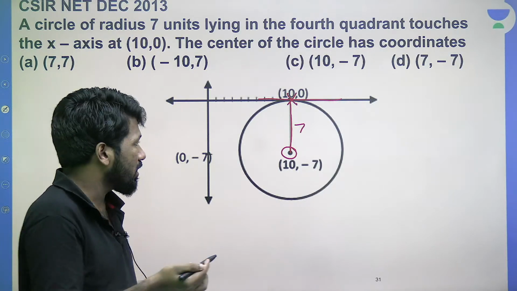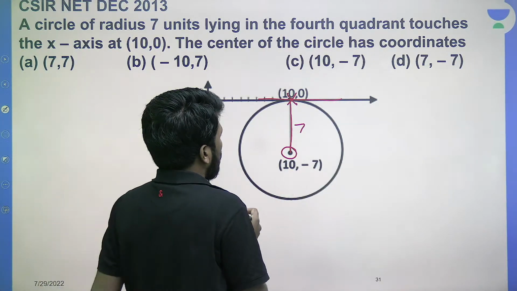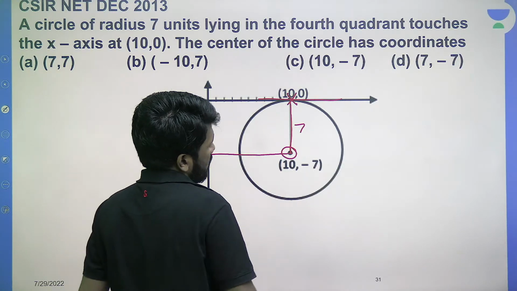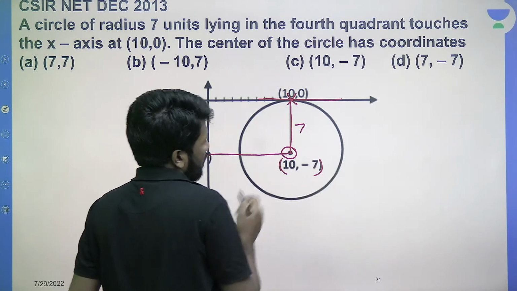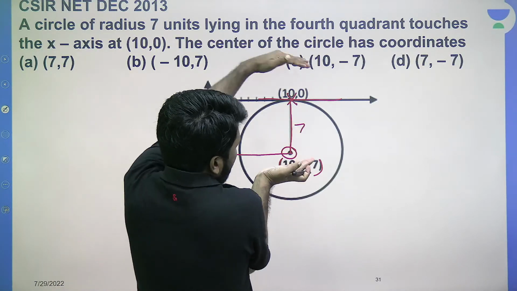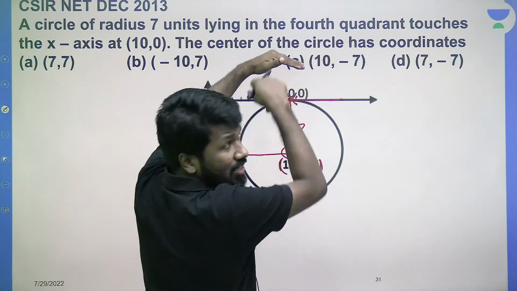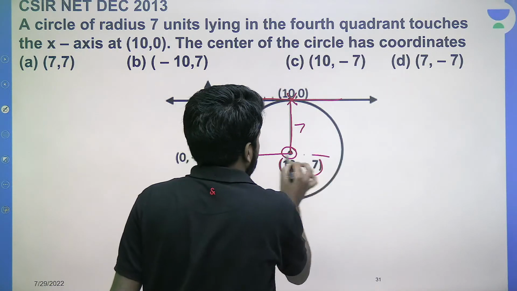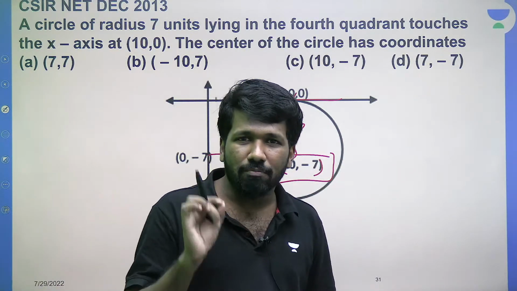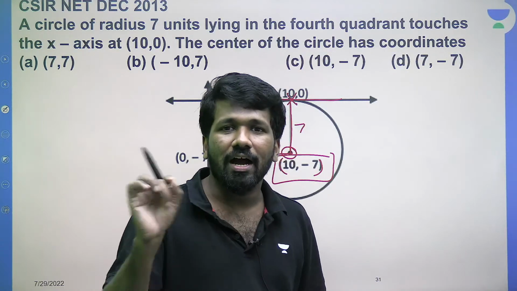Are you all understanding? So definitely this is 7 units away. What is this point called? 10, minus 7. Why? Because this is horizontally separated by 10, vertically by 7, 7 in the negative axis. So 10, minus 7. For this purpose, I told you, you should be clear about where the points are.